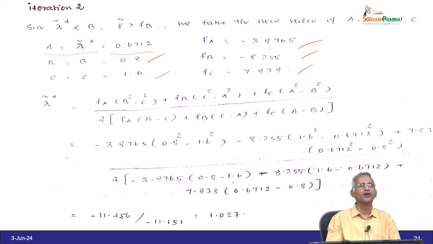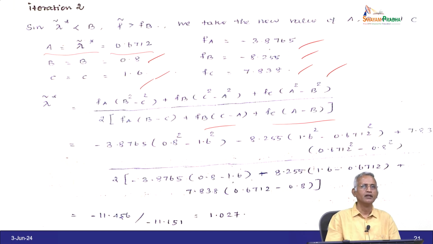Now, the formula for finding the iteration 2 lambda star tilde equal to fa into (b square minus c square) plus fb into (c square minus a square) plus fc into (a square minus b square) by twice of f of a into (b minus c) plus f of b into (c minus a) plus fc into (a minus b). We know all the values of a, b, c, fa, fb, fc.